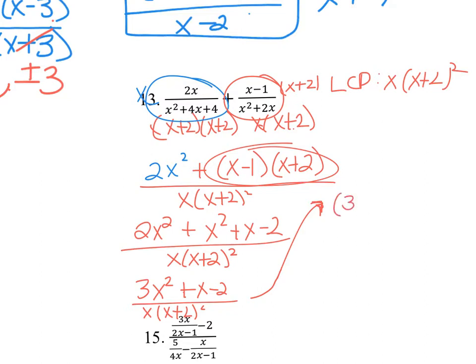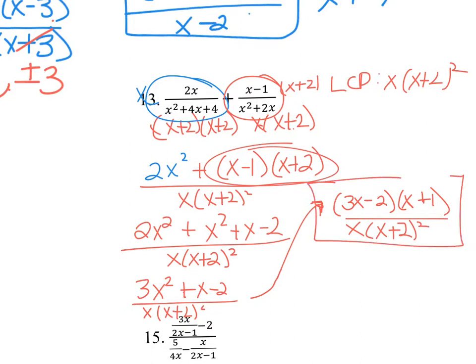I have 3x and x, 2 and 1. 3 times 1 is 3 and 2, so that's going to be positive, and that'll be negative. All over x times x plus 2 squared. There's nothing I can cancel out, so I'm done. So my restrictions are 0 and -2.